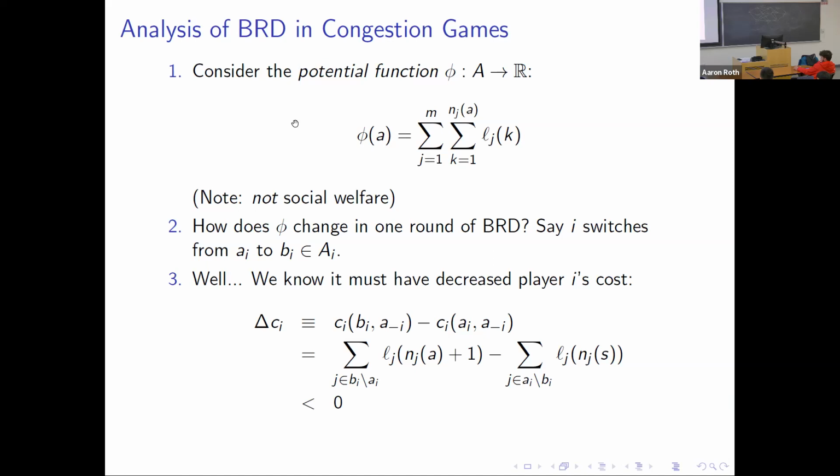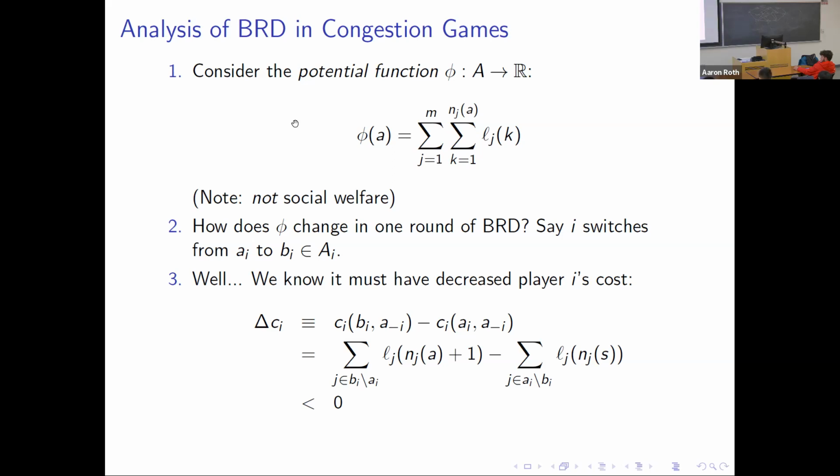I still drive down that road segment. It's only me that's changed my action, and I didn't change my action relative to this road. So the number of people playing on the road hasn't changed. So facilities that I play on both before and after the switch contribute the same amount to my cost before and after the switch. And so they cancel out. They don't appear in the difference in costs.